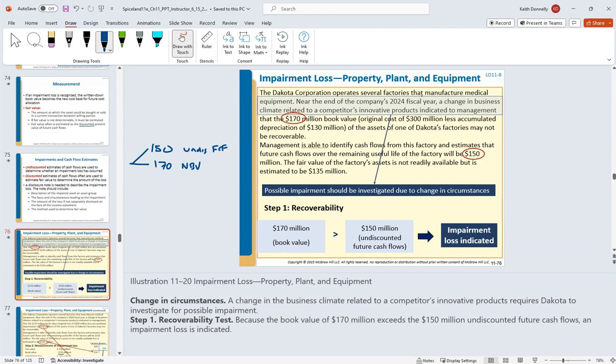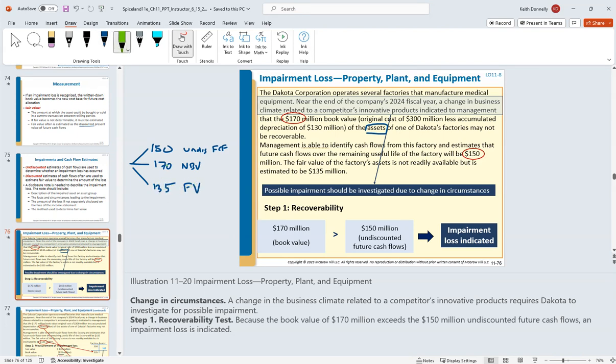It looks like there's a factory, and there's a change in business climate. Oh, okay, the facts are reasonable to tell us we should test for impairment for some of the assets on there. It may not be recoverable. They say we estimate that the future cash flows over the remaining useful life will be $150. The fair value of the assets is not readily available, but it is estimated to be $135.